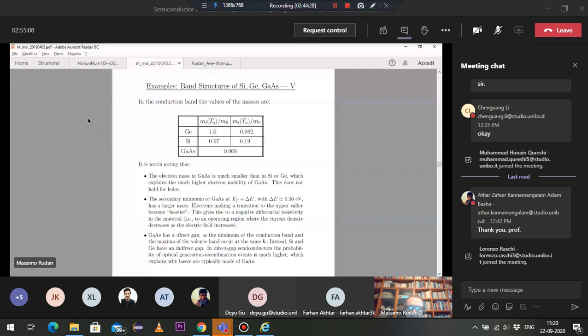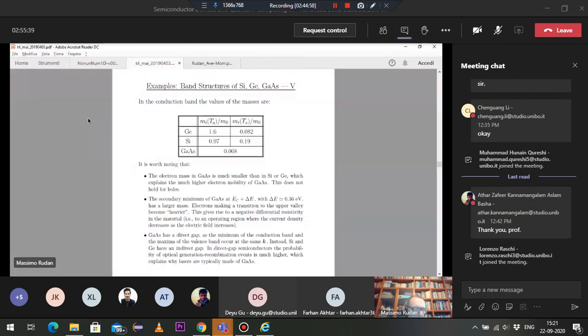So that means that in the material, we have a mixture of heavy electrons and light electrons, okay? And the properties will also be averaged, okay? So the velocity, the ability to react to fields will be averaged because there are also heavy electrons that react not so well to the field, okay?